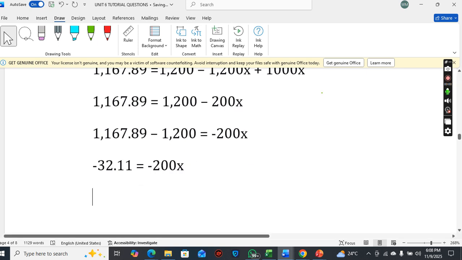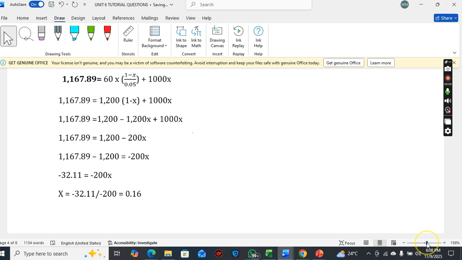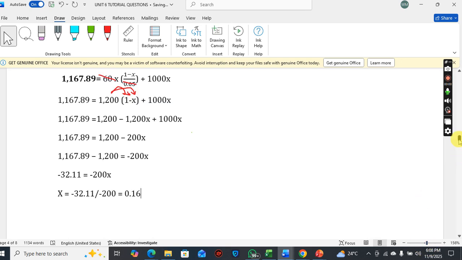To get the value of x, you're going to say negative 32.11 divided by negative 200 and get positive 0.16. Any questions before I go further? Any questions?